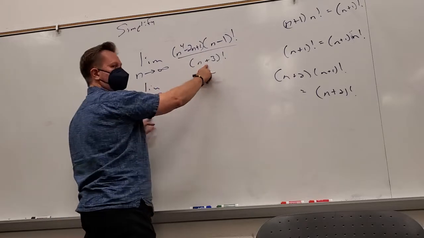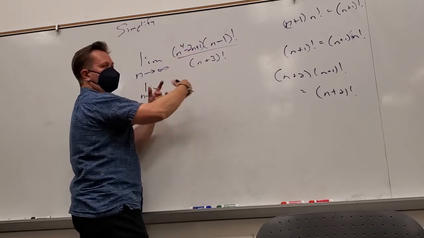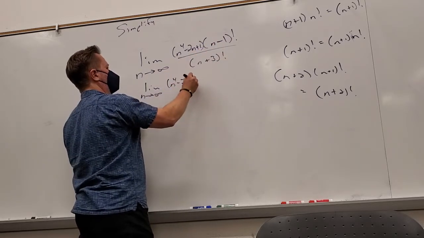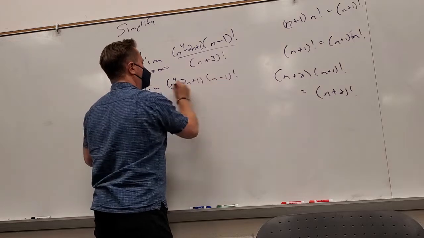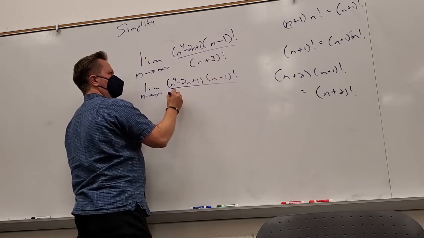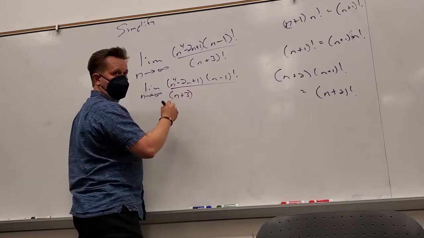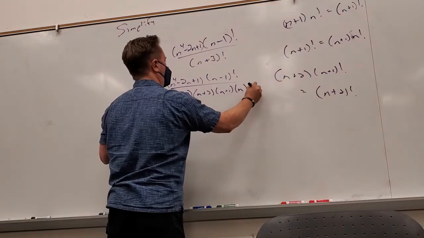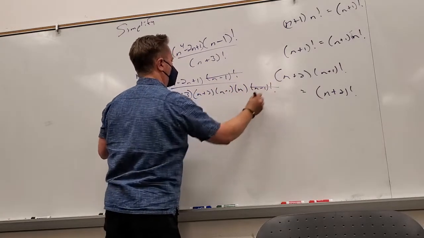N+3. The bottom, because it's bigger. So I can break it out until it meets this guy, right? So I've got this little tiny piece, and this guy has too much, so let me break him up: n+2, n+1, and n-1. So those cancel.